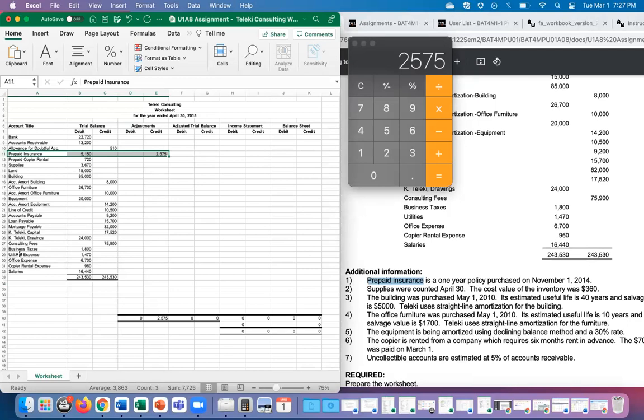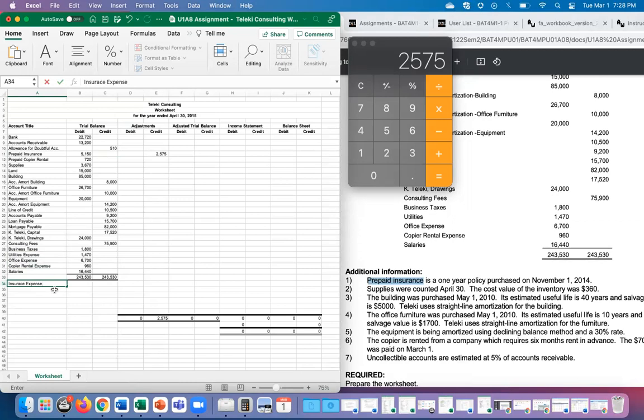But when you go down to the expense section, you'll see it's not listed there. So we have to create that account, and we have to put it somewhere. So we are going to put it down here underneath the totals. In there, I'm going to write insurance expense.